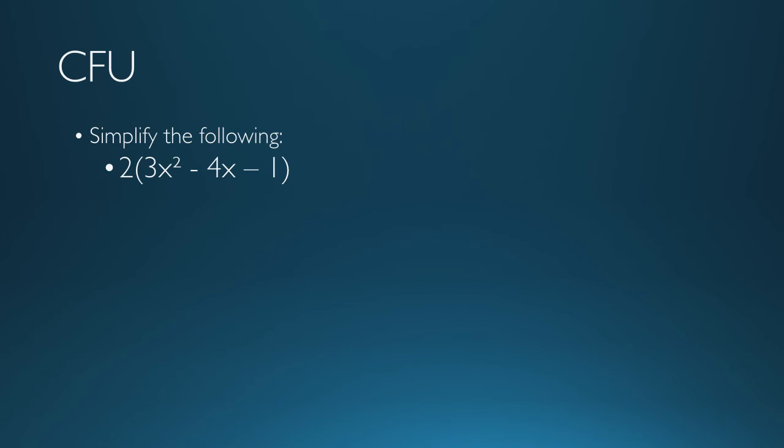Okay, let's do a little check for understanding. I'm going to give you 30 seconds to work out the answer to the following. You can choose whatever method you like.